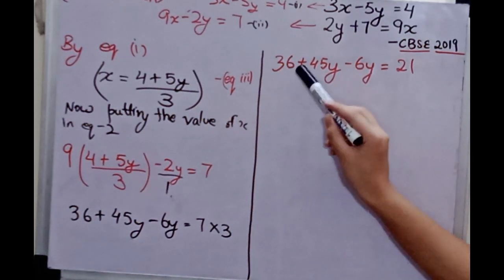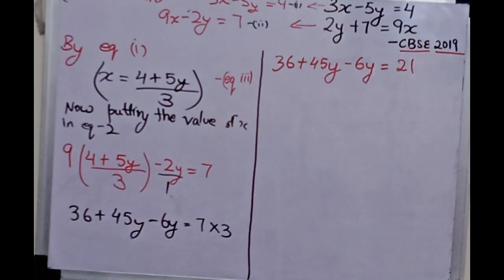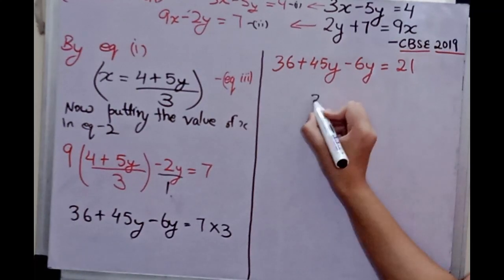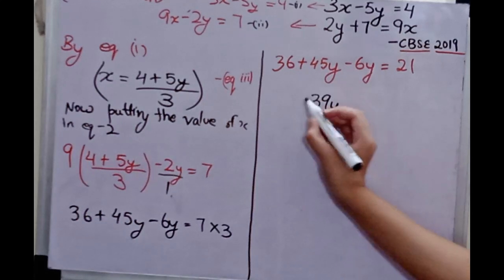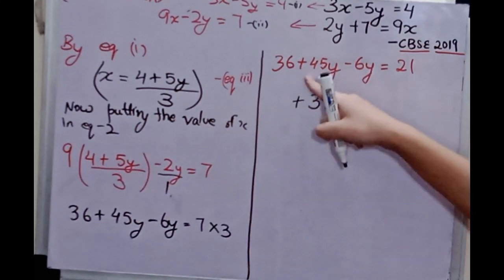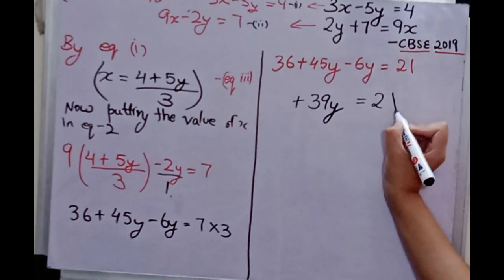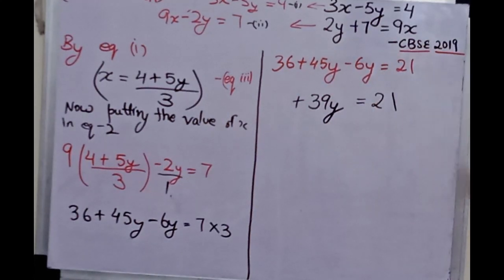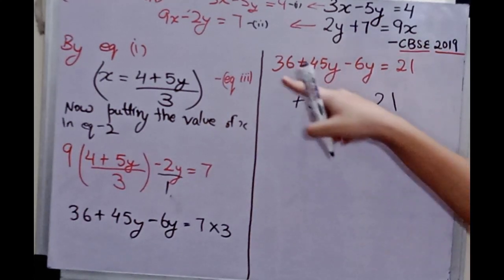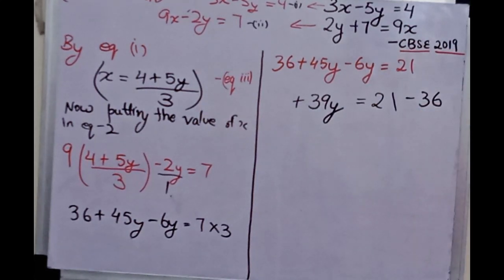So plus 45y minus 6y, plus minus minus, it will become 39y, and the sign will be positive because 45 is the greater number, is equal to 21. Now this plus 36 will move to this side and will give me minus 36. I hope this much is clear.